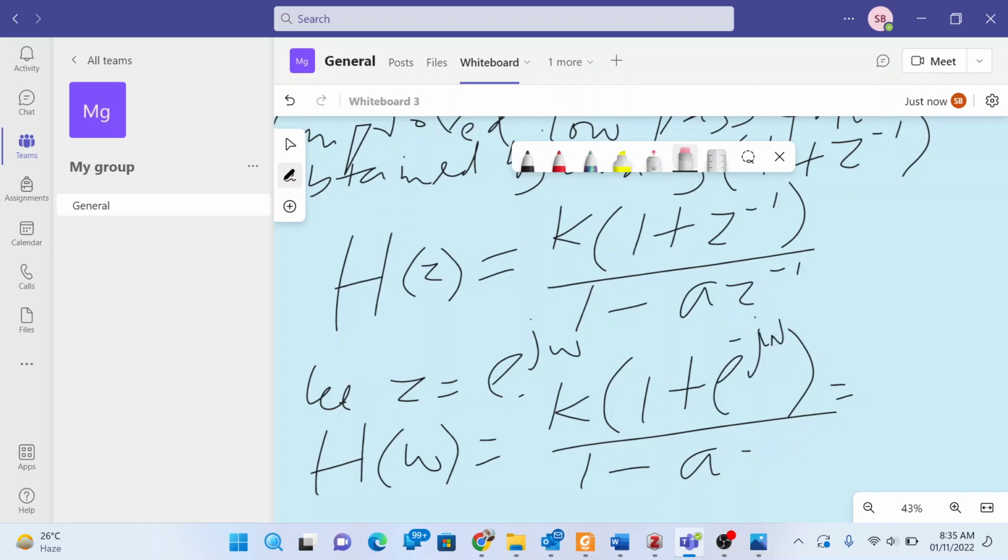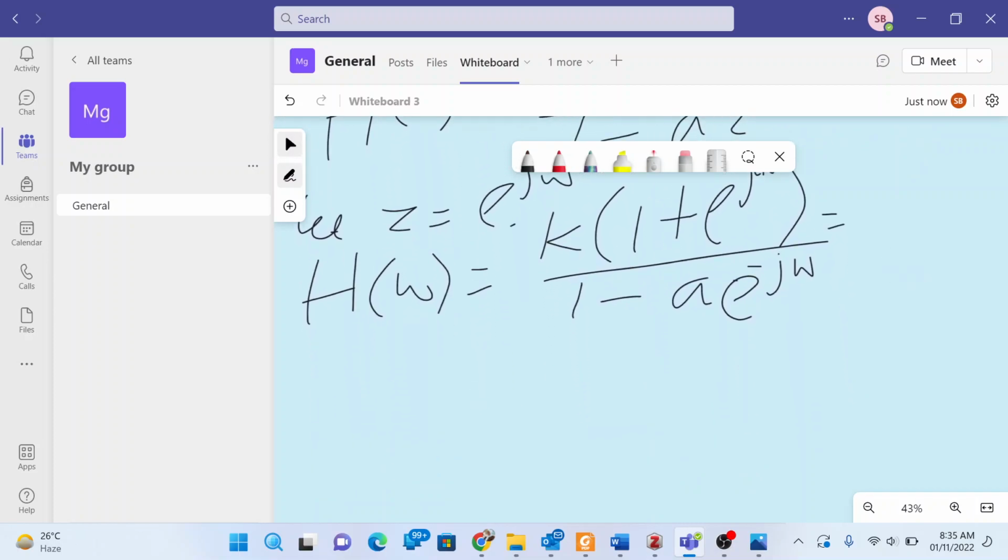So this one is now in the Fourier transform version.